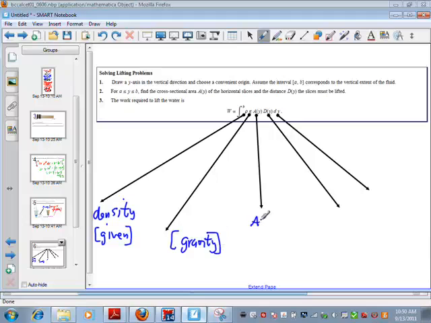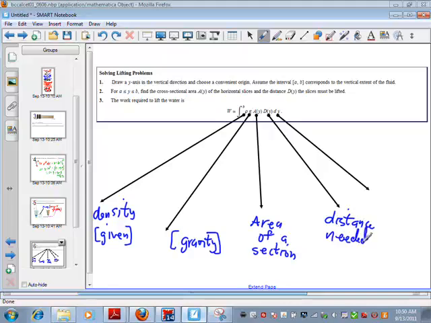This is the area of a section that you need to lift out. This is the distance remaining to lift this section, and this is the width of the section.